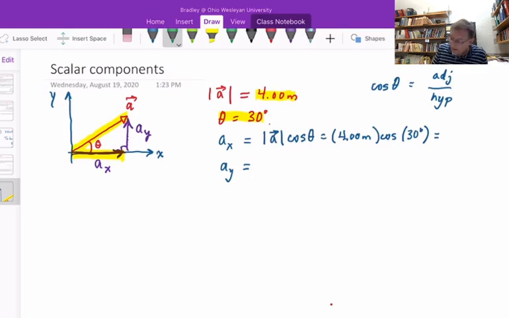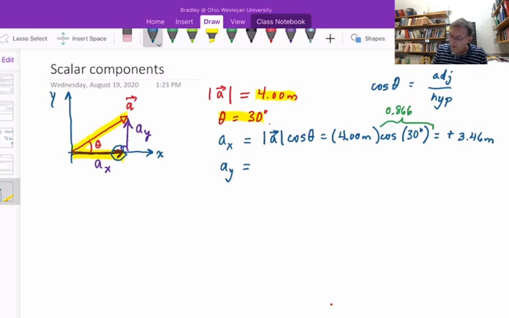When you go to your calculator and have it give you the cosine of 30 degrees, make sure your calculator is in degree mode, it will tell you, to 3 sig figs, that the cosine of 30 degrees is 0.866. So I'm multiplying 0.866 with 4. I'm going to get a positive result. I get 3.46 meters. And the positive value for a sub x is consistent with the fact that the arrow on it points in the plus x direction.